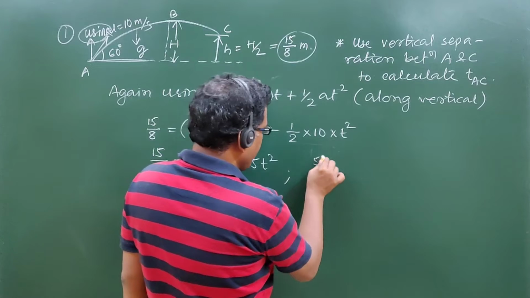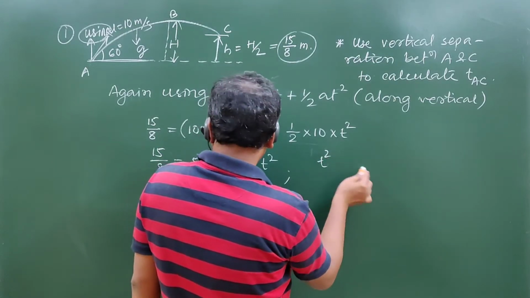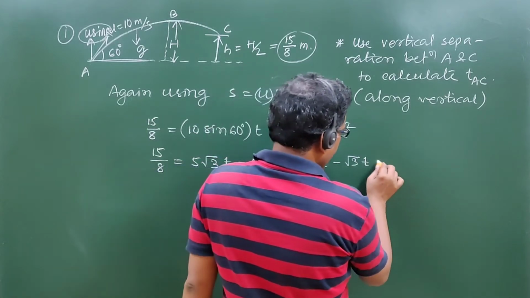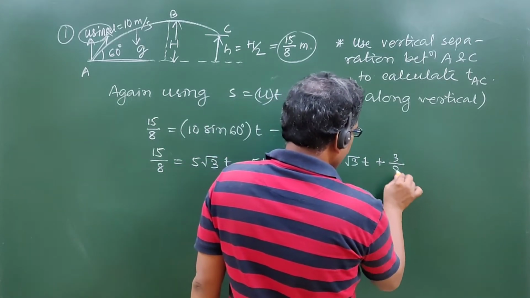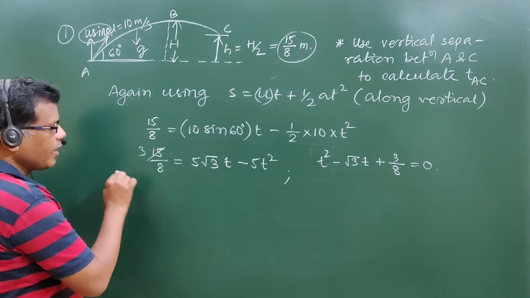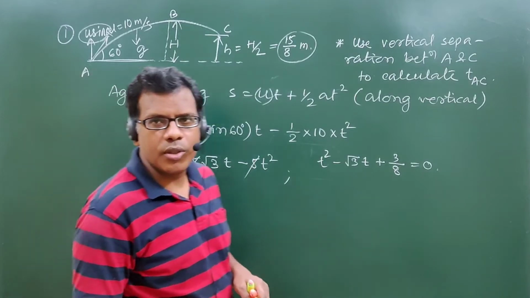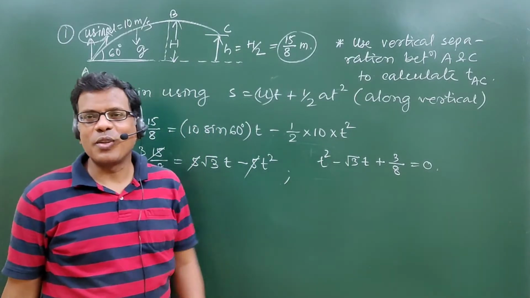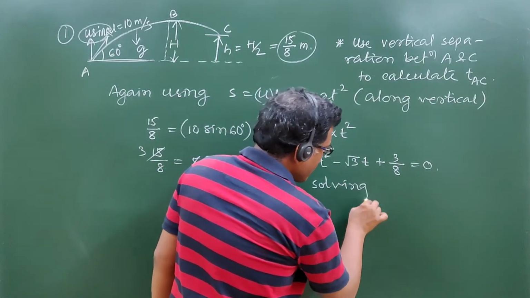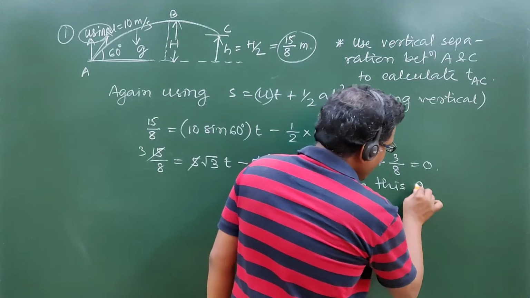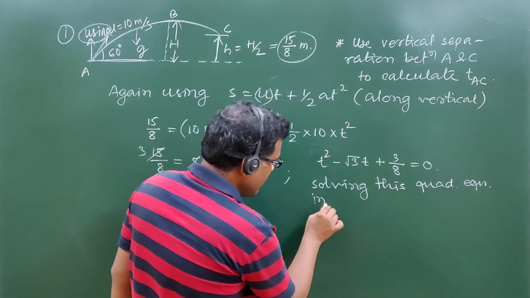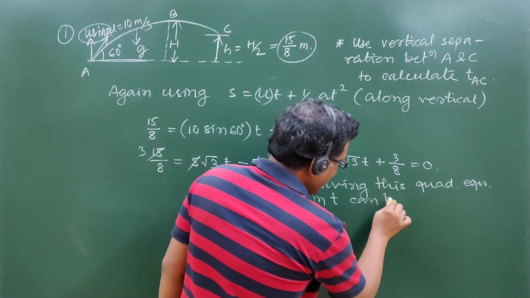In a more simplified way, we can write t square minus root 3 t plus 3 by 8 equals 0. What I have done, 5 can be taken common, so 5 can be cancelled out. So yes, we are getting a quadratic in t. Now solving this quadratic, t can be found.